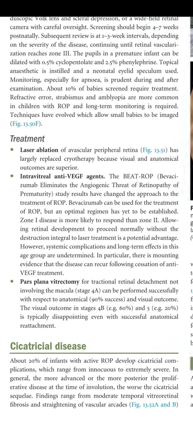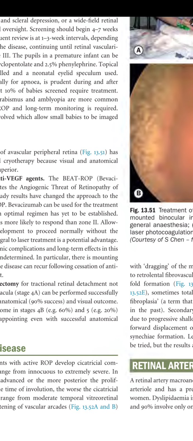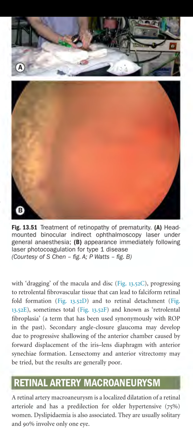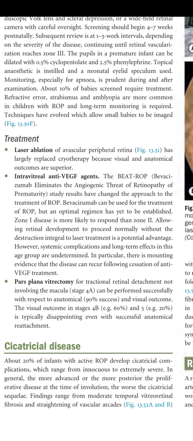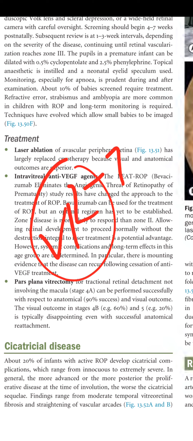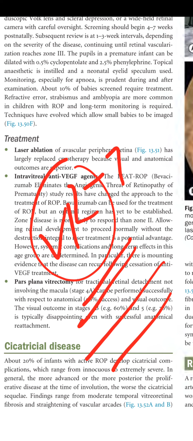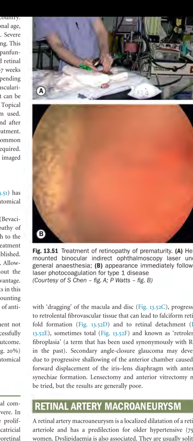Findings range from moderate temporal vitreoretinal fibrosis and a straightening of the vascular arcade with dragging of the macula and disc. So what is happening first is there is vitreoretinal fibrosis occurring, and there is a straightening of the vascular arcade, dragging the optic disc and macula.